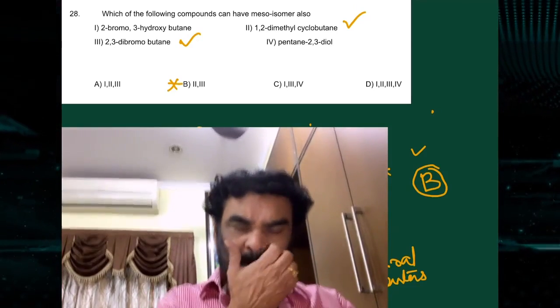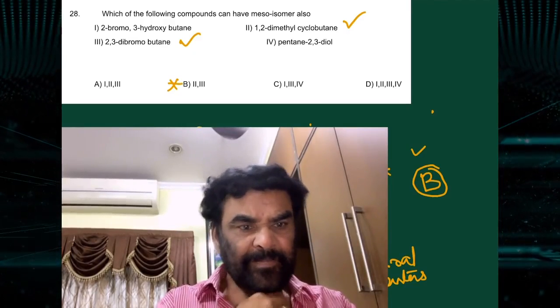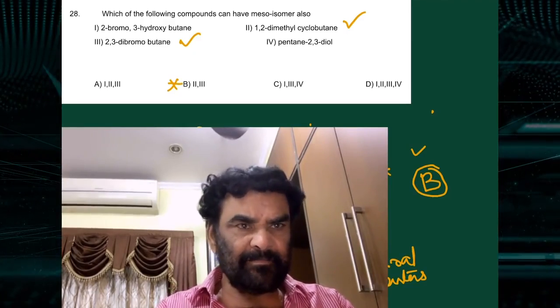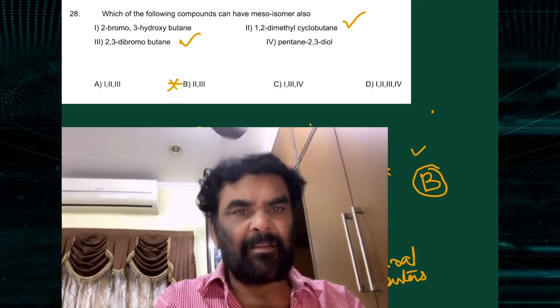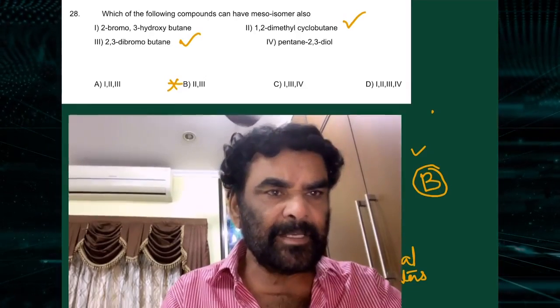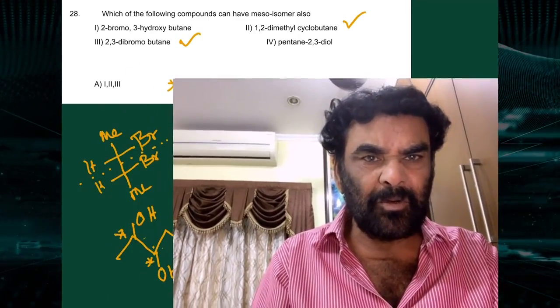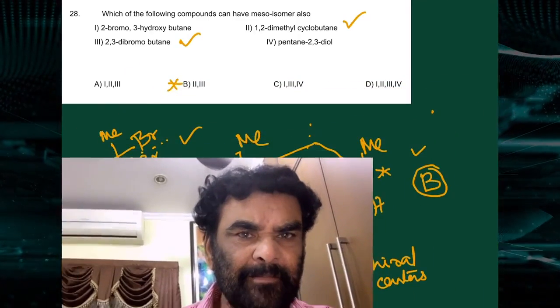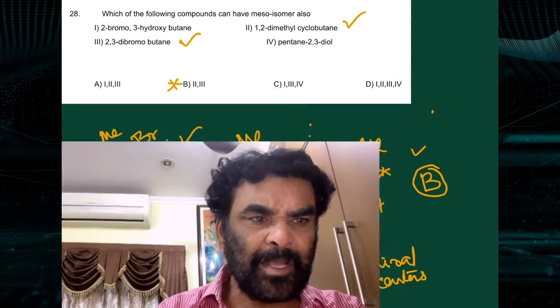If the molecule contains two similar chiral centers, that shows mesomerism. Mesomerism means it can form a meso isomer, like tartaric acid. This is 2-bromo 3-hydroxybutane.